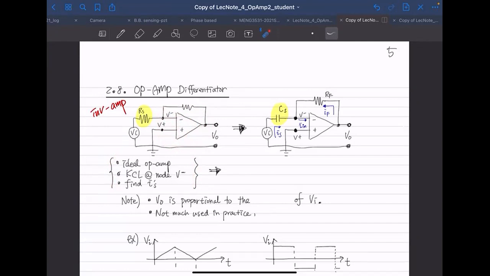Okay, so after we apply all these 3 steps, our output voltage V out is negative RF CS d/dt of V in.